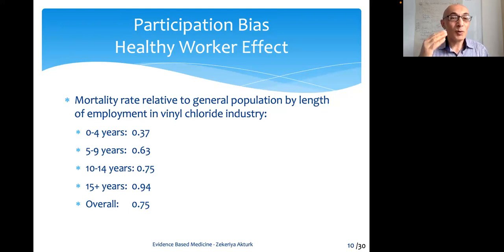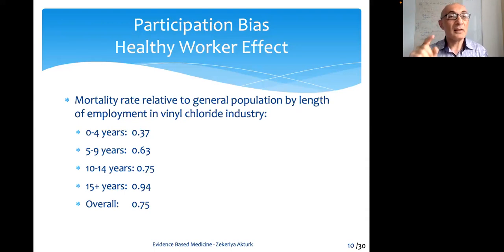So all the entrants into the company, all the factory workers were healthy at the beginning. They were examined. That's why the healthy entrants, if they are exposed to some risk factors, the disease will not be evident in the first months or years of the exposure. So it will come later on.